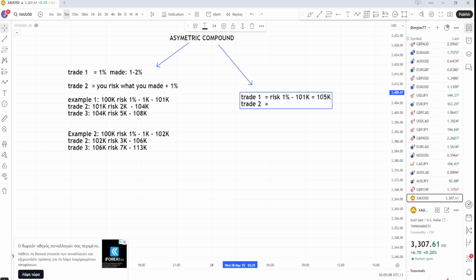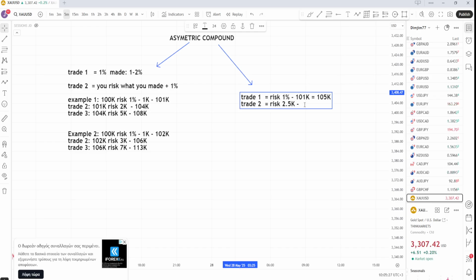So trade 2, risk 2.5k, so we keep the initial risk plus 50% of the profit, and we risk 50%.